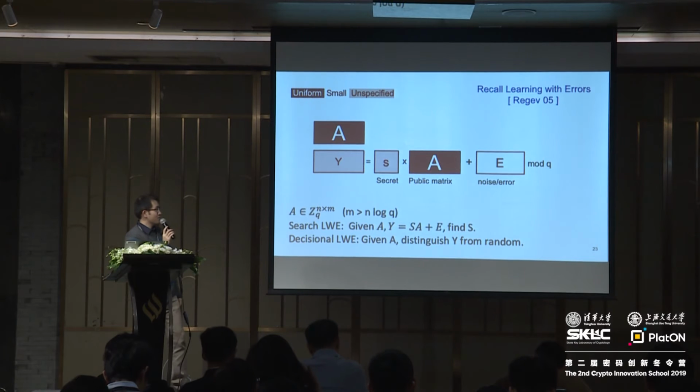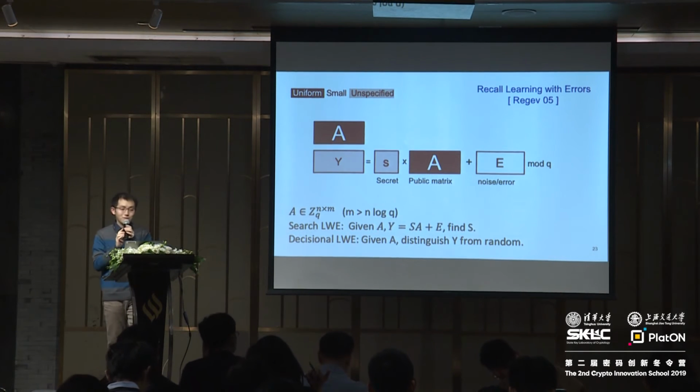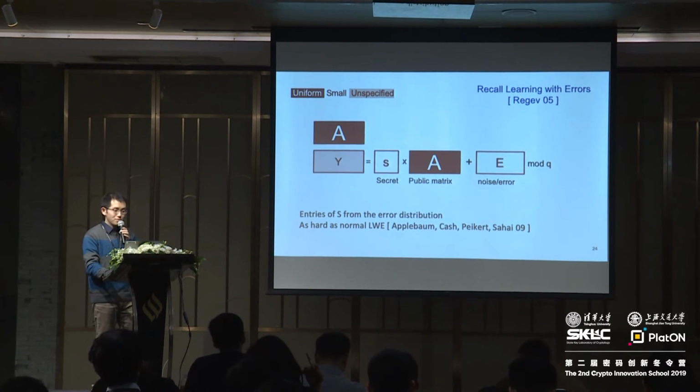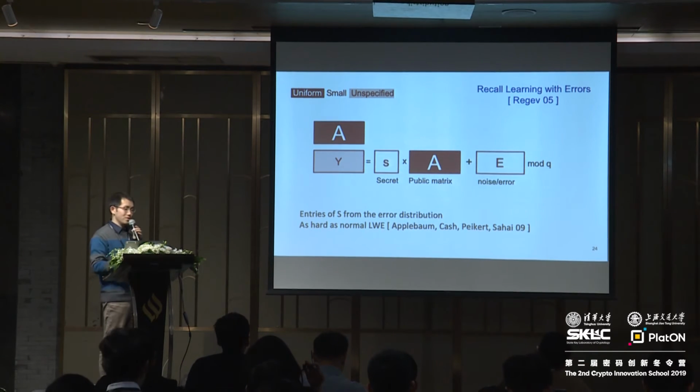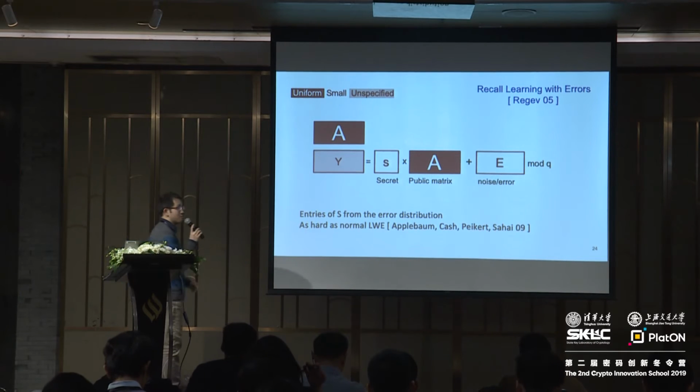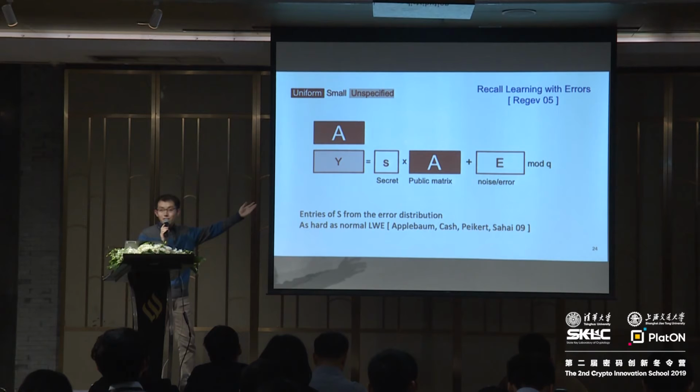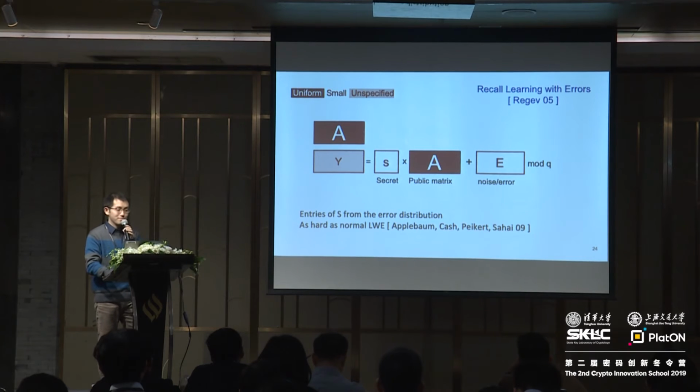You can do a quick exercise showing this is as secure as the one secret version of learning with errors by a standard hybrid argument. And also, it's very useful to consider the Hermite normal form version of learning with errors, where the secret is from the same distribution as the error, and Applebaum et al. show that this is as secure as the standard LWE.